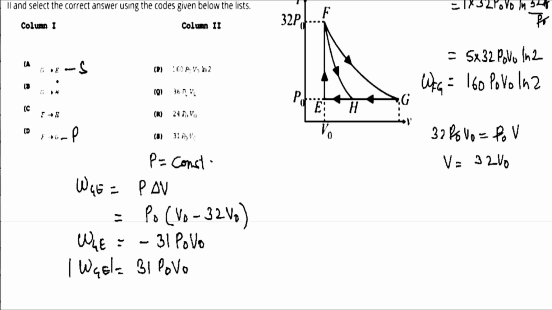Now let's try to find out the work done in the process F to H. Now let's try to find out WFH. So for WFH, we can see that this is an adiabatic process, right?